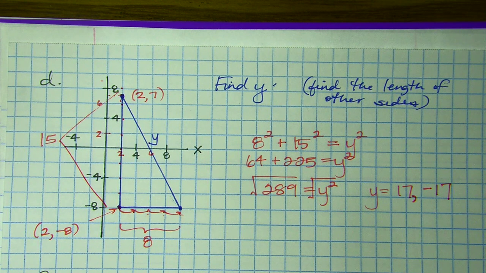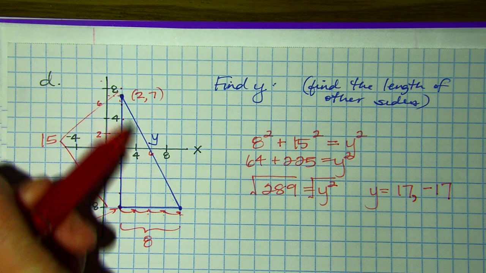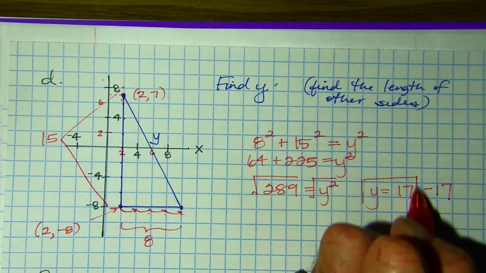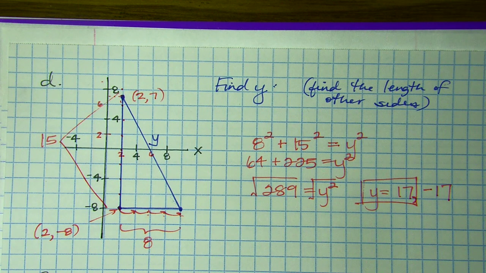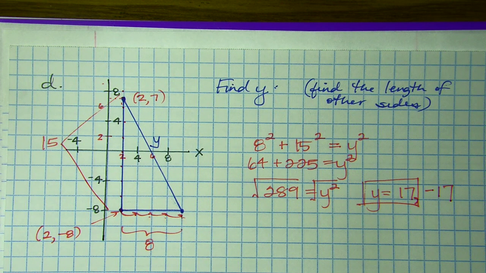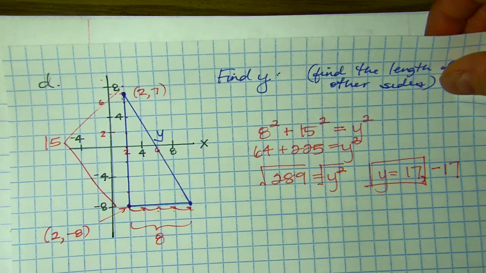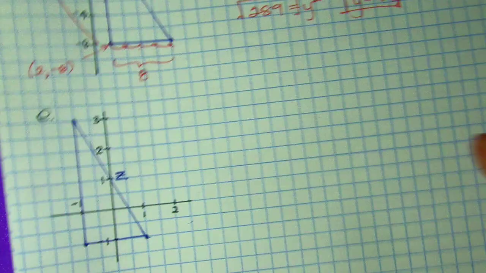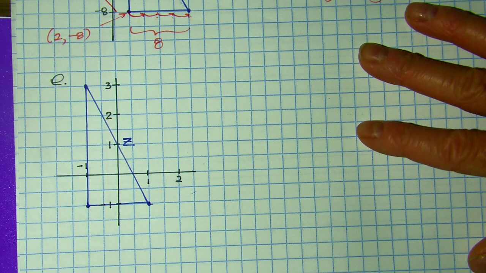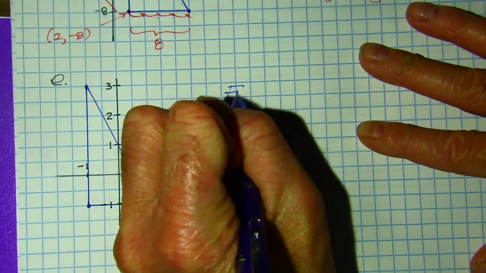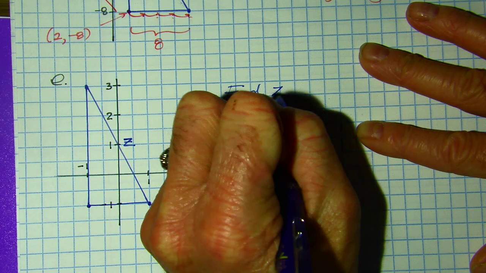But because we're talking about the length of a side, only 17 is a possibility. We don't have to write the negative 17, but I want you to understand that when we get into further math, there are two possible solutions there.